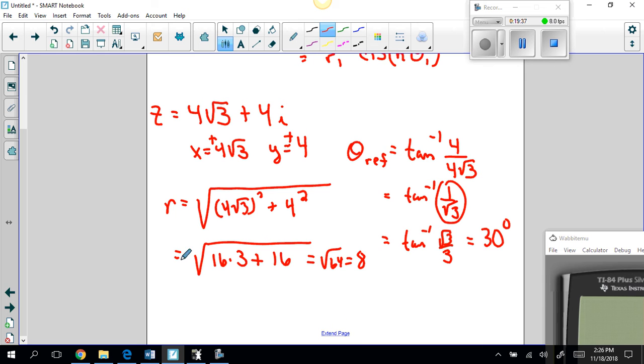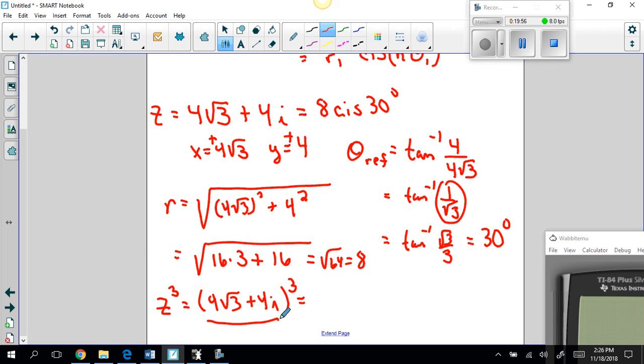So z can be rewritten as 8 CIS 30 degrees. Well, what about z cubed? What about 4 radical 3 plus 4i cubed? I do not want to do this, but I do want to do this.